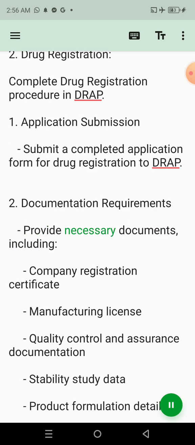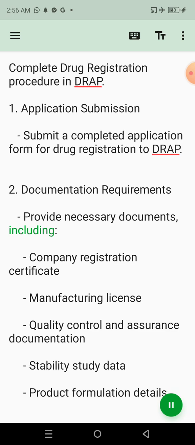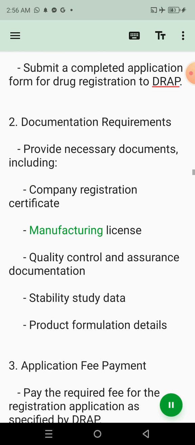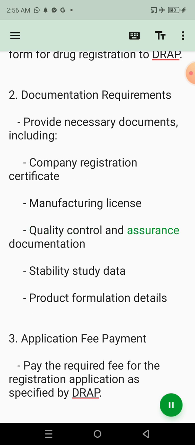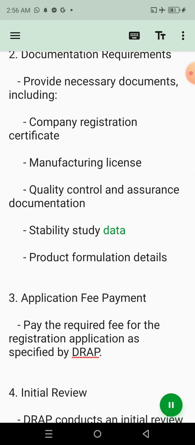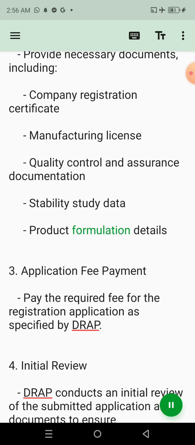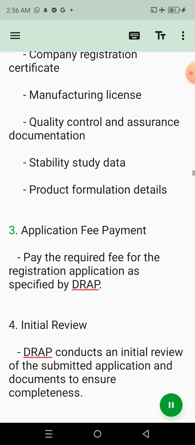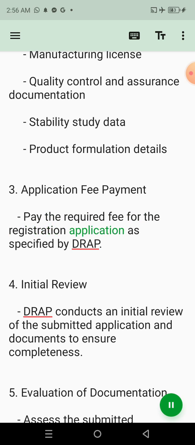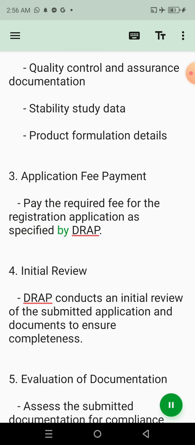Provide necessary documents, including company registration certificate, manufacturing license, quality control and assurance documentation, stability study data, product formulation details. 3. Application fee payment. Pay the required fee for the registration application as specified by DRAP.